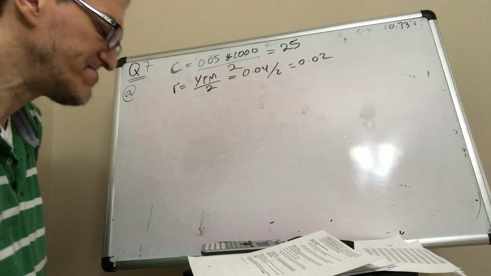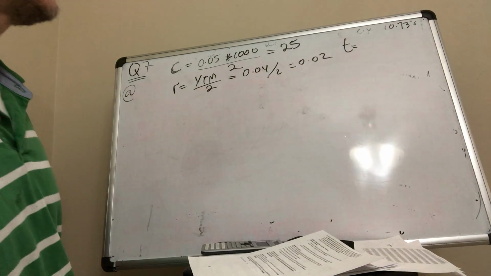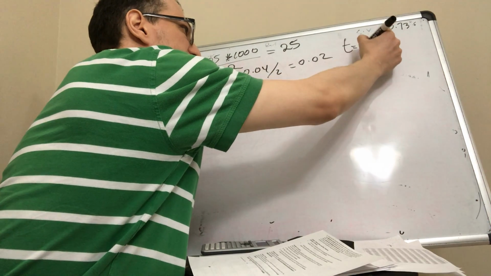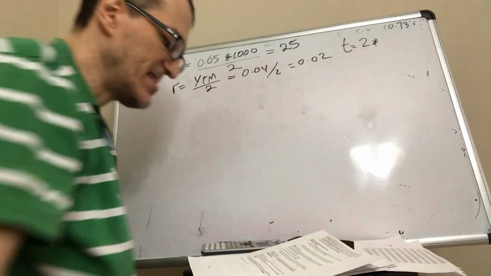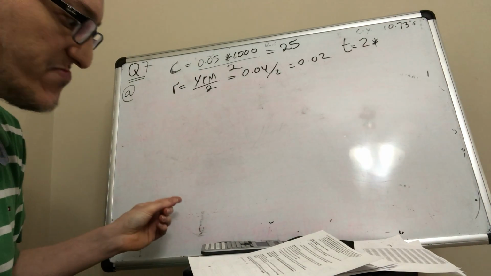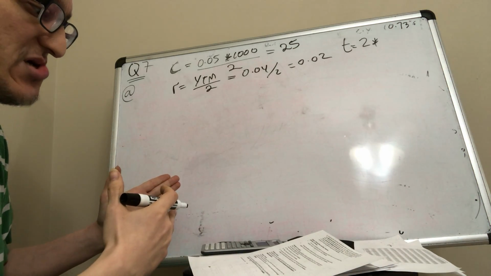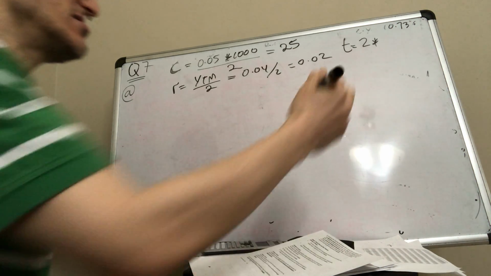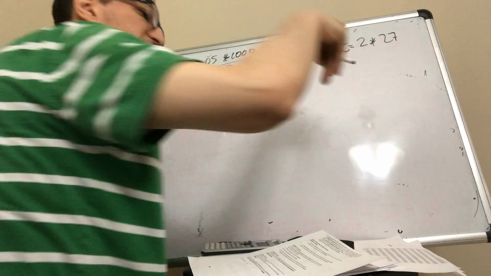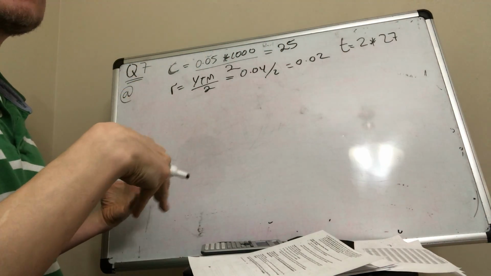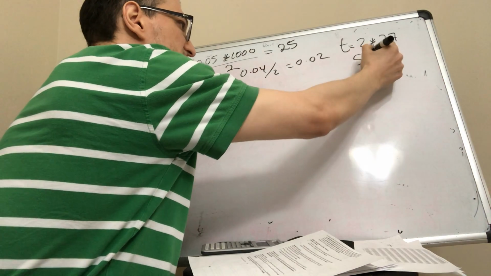And we need T, which is the frequency of payment, which is 2 times the number of years. And since they tell you 3 years ago, and it's for 30 years, so it's only 27 years done. Because we're assuming that we're not today, we're 3 years ago. So we're doing it 3 years ago. So 2 times 27 is 54.